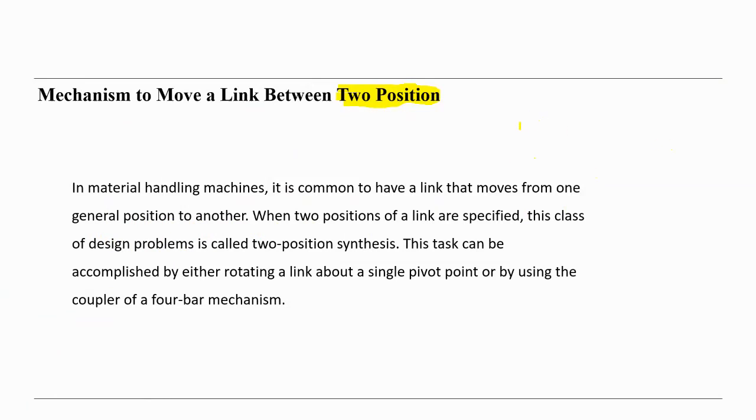Let's say this is the first position and the other is the second position, like this. Or this is the first position and the other is this one, for example. So it could be a link.